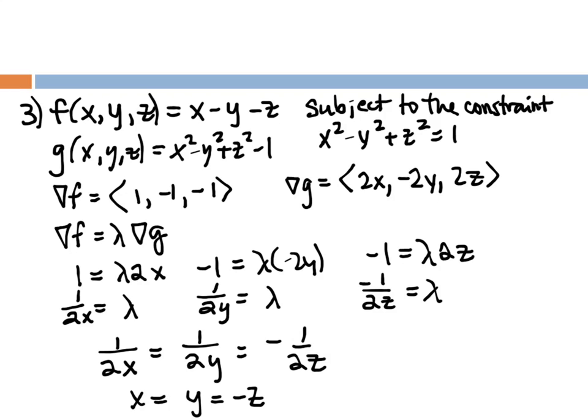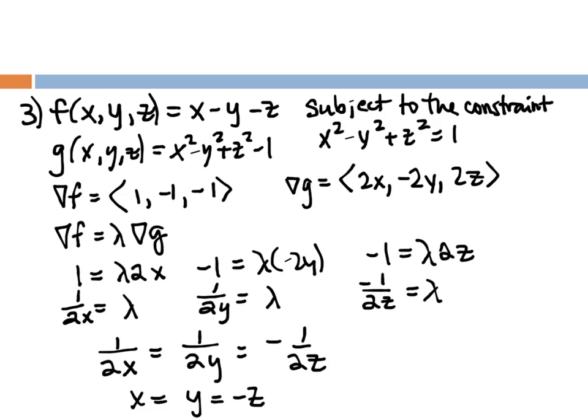You can think about that by taking the reciprocal of all three. You can think about the fact that they all have 2's there, so that's a constant they all have in common we can eliminate. Or you can just look at them and say, everything's the same except they're all in the denominator, so they all have to be the same thing except for that negative on the z.